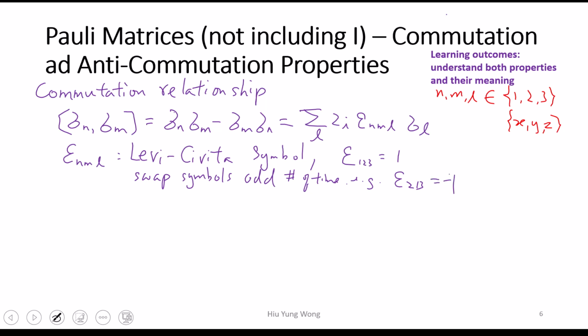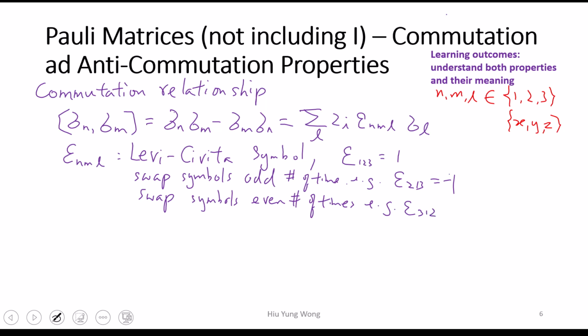Okay? If I swap for an even number of times, for example, I further swap 2 and 3. It becomes 3, 1, 2.